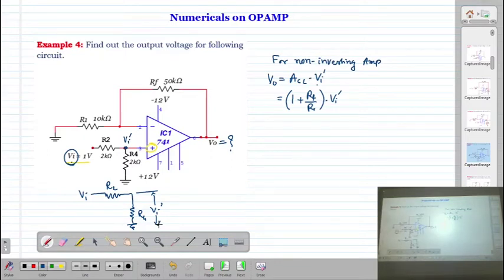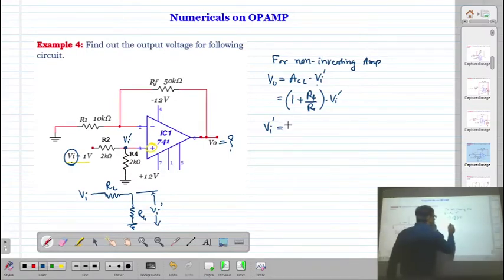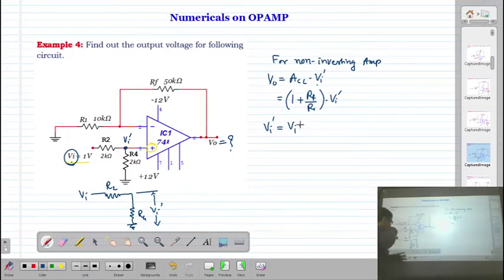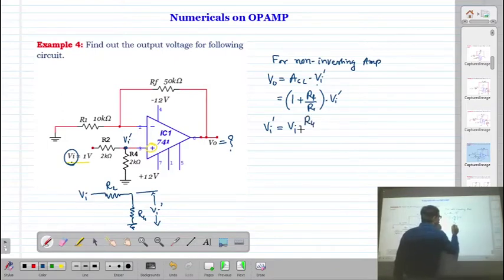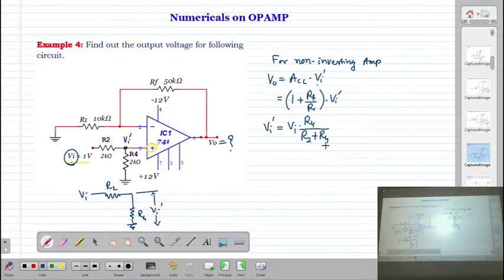Correct? So directly we can say that VI dash, by applying the potential divider rule, is equal to VI into the resistance R4 divided by R2 plus R4, that is my total resistance.